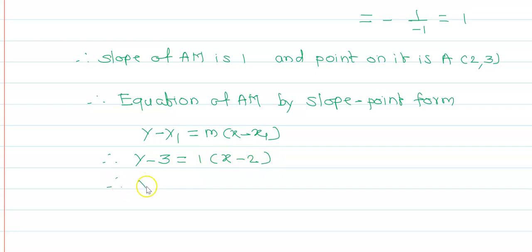Simplify this: y minus 3 is equal to x minus 2.